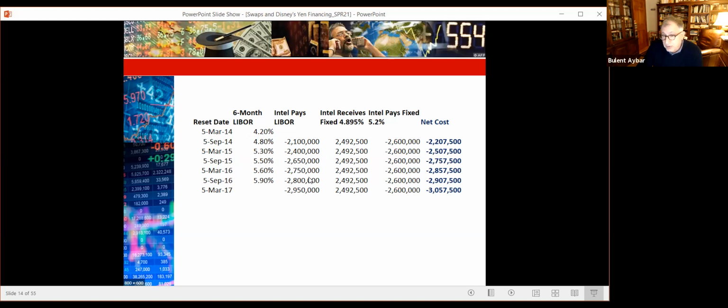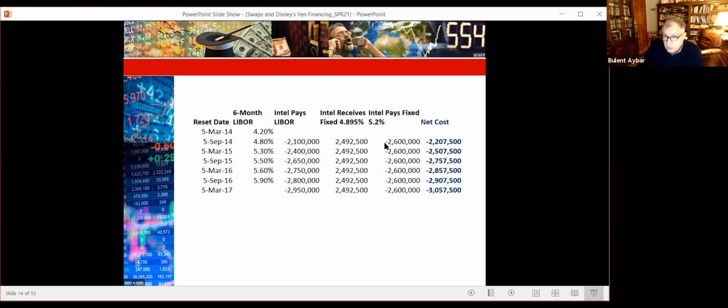So from Intel's perspective, these costs are not known yet, can maybe be forecasted, but at the time of the deal Intel will know only this side of the deal. But all of the fixed payments are already known.